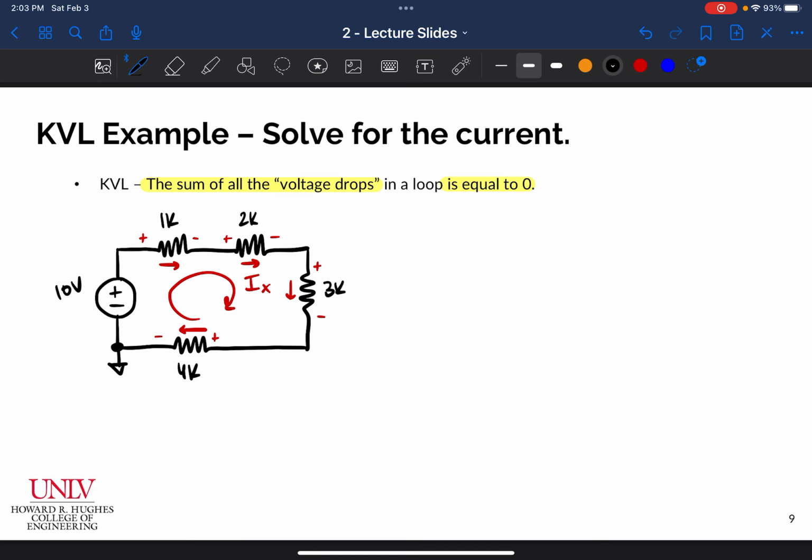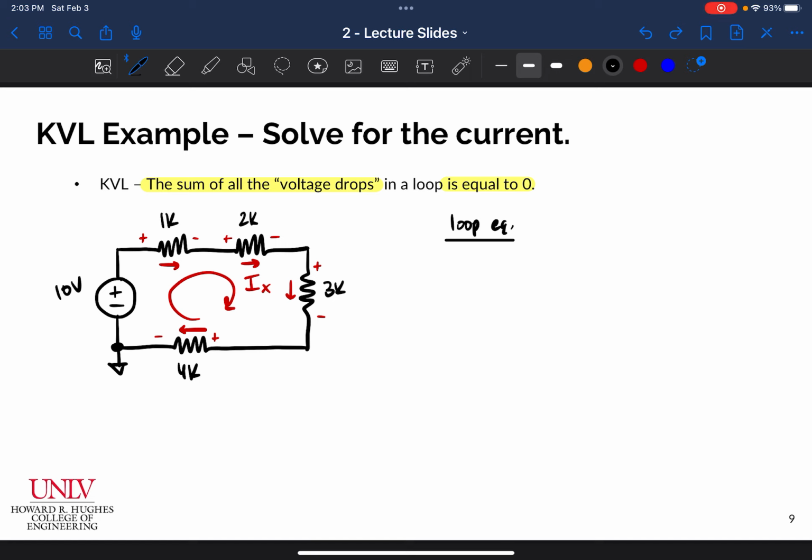If we want to write the loop equation, you can start wherever you want, and it would all work out the same as long as you stay consistent with the signs of the resistors, which depends on the direction of the current.